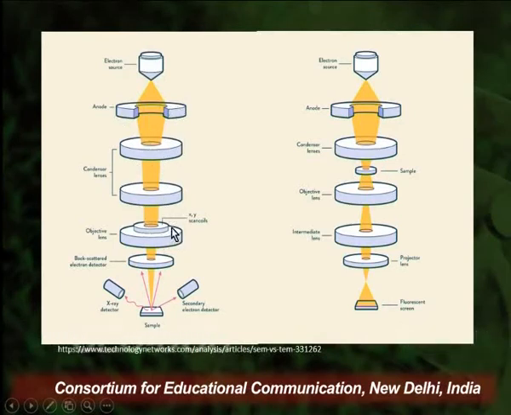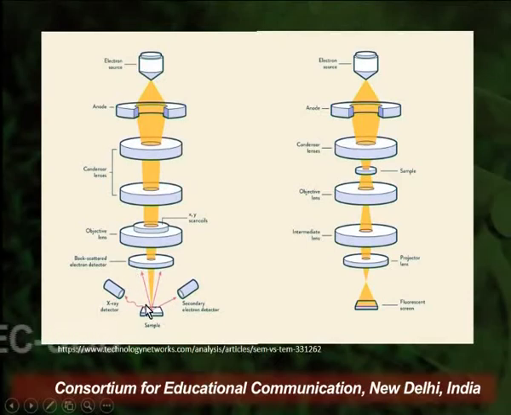The function of these lenses is to streamline these electron beams towards the objective, and here the objective is placed at the end, and from this objective the electron beams fall off and then they are reflected back in the opposite direction.